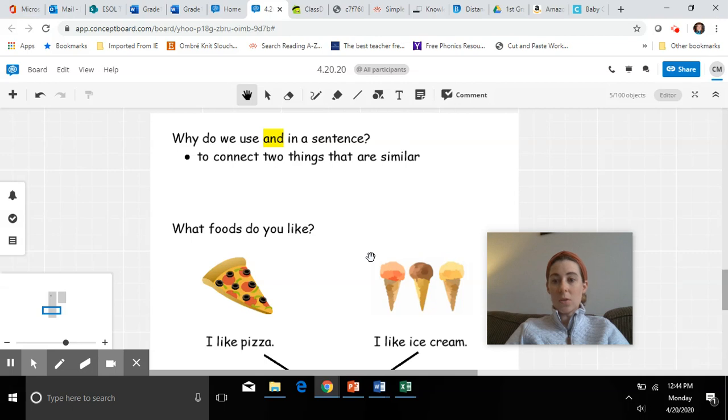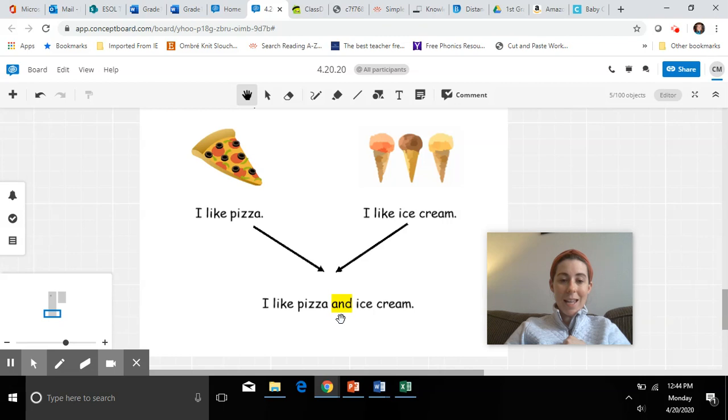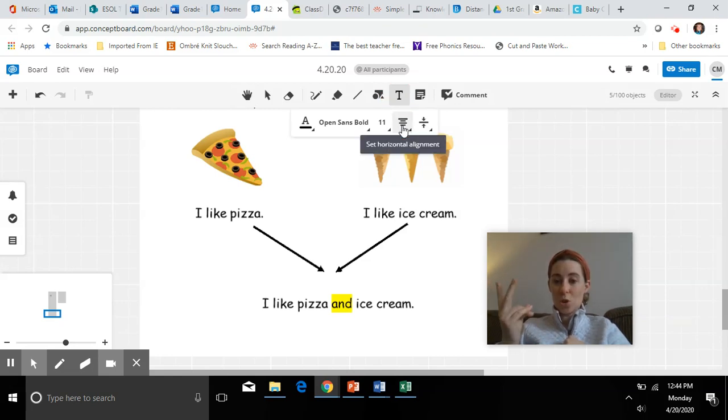Okay? I told two sentences, but I could connect those together and just say one sentence. I could say, I like pizza and ice cream. Okay? So instead of saying two short sentences, I can connect it together and make it a little bit more smooth.